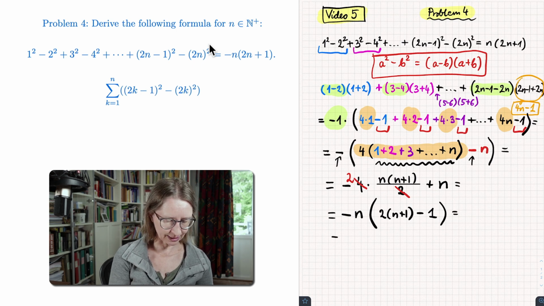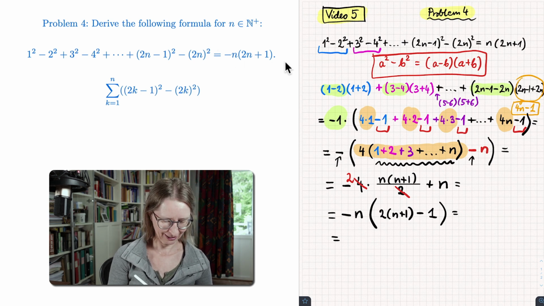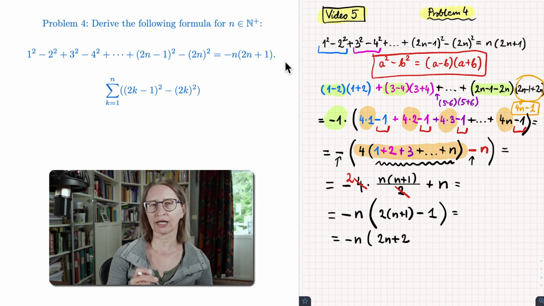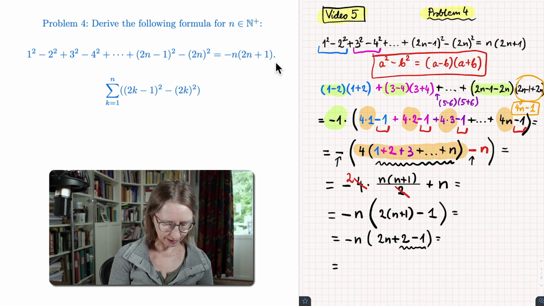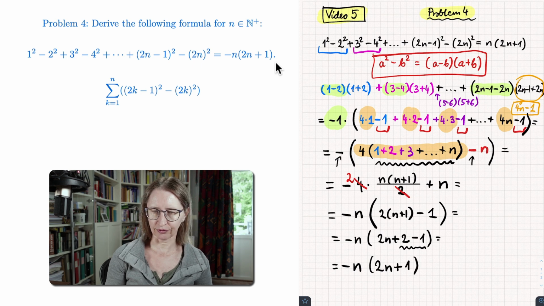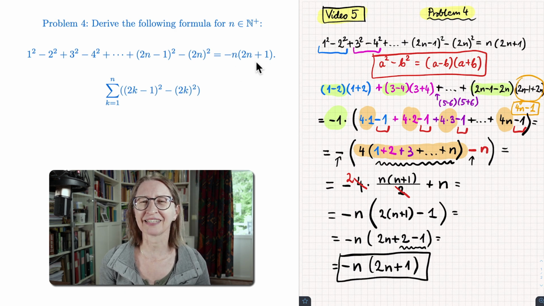Okay, so now we just simplify. So here I get minus n times 2n plus 2 over 2, I multiply the entire parenthesis by 2, and then I subtract 1. And I see here that indeed 2 minus 1 is equal to plus 1. So I get my final answer exactly as expected. This is the number I expected.